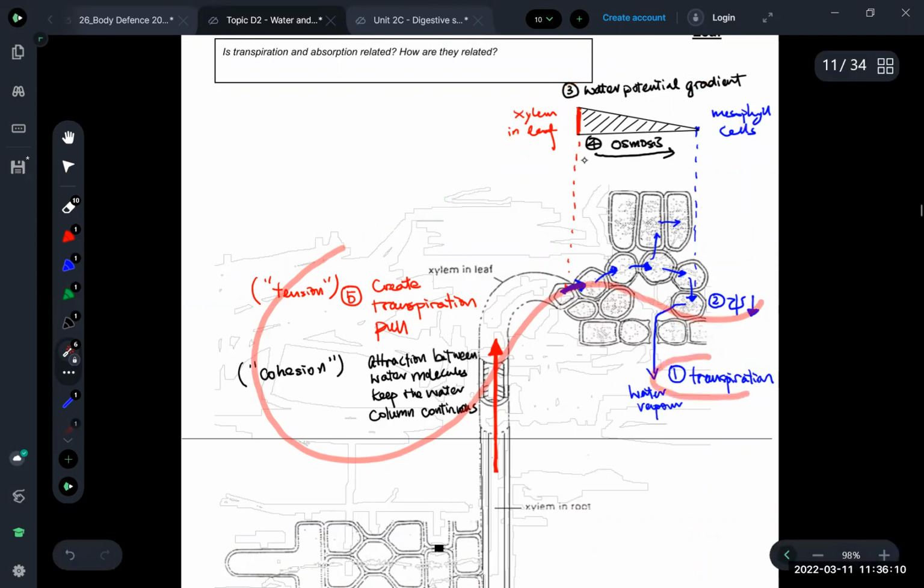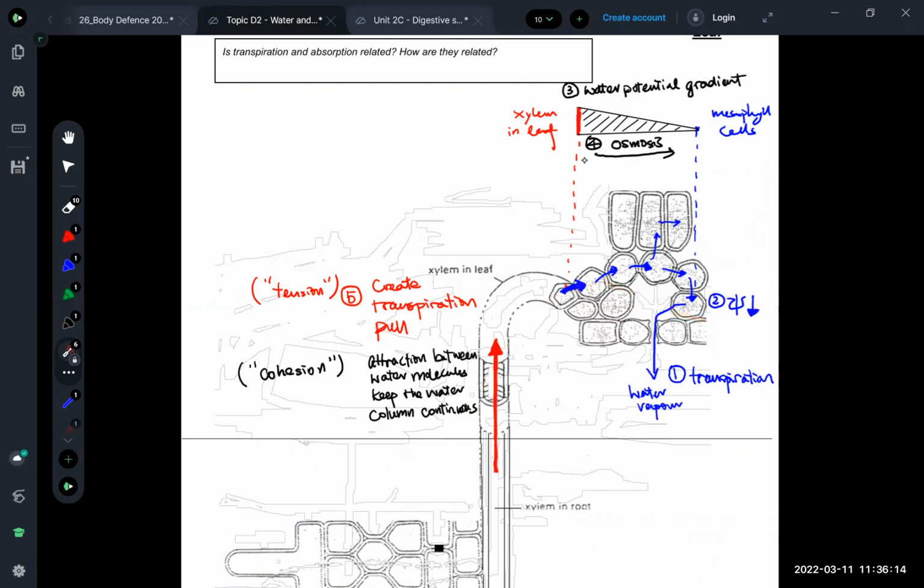And transpiration is not something that is caused by activity of a cell. Transpiration is a physical process. Whenever there is heat, water will evaporate and the water vapor will diffuse out, right? So the whole process is physical. It's not because of metabolic reactions or activities of a particular cell.